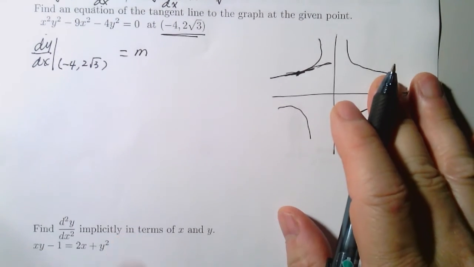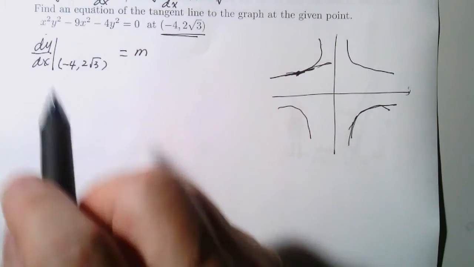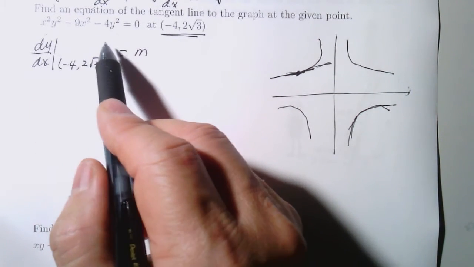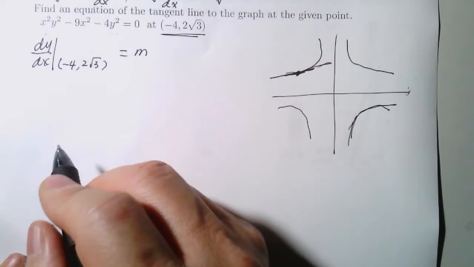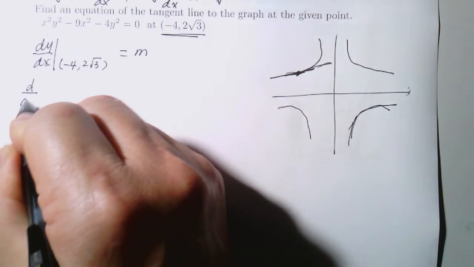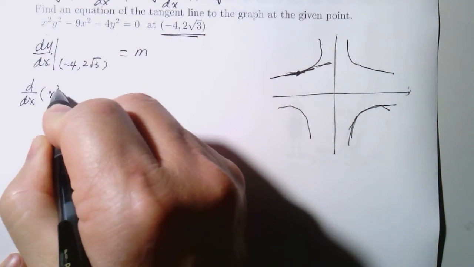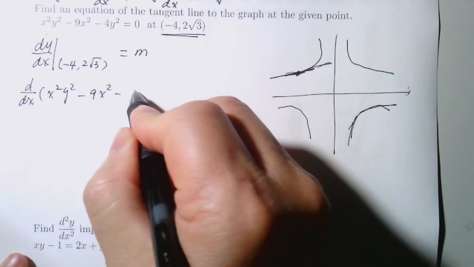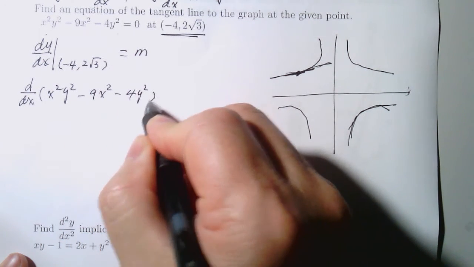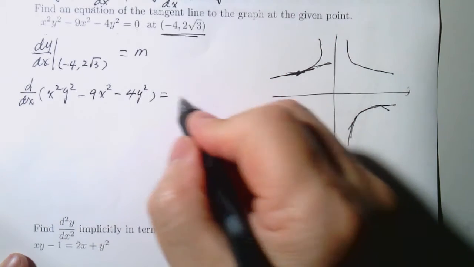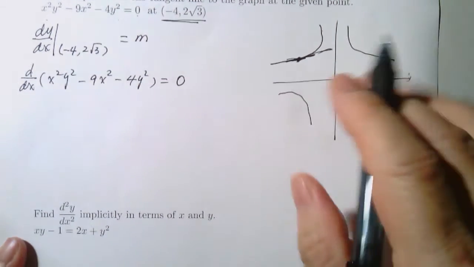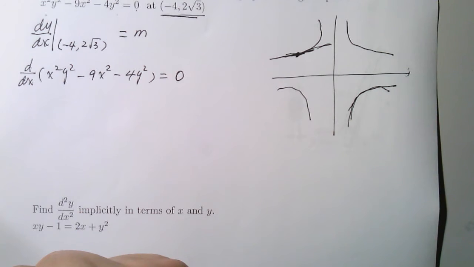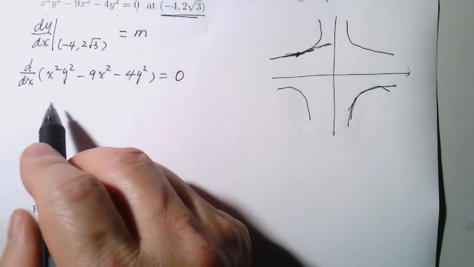Okay. So same as before, we differentiate both sides of the equation, d/dx of x squared y squared minus 9x squared minus 4y squared equals 0. The derivative of 0 is 0, so I don't need to write d/dx there.